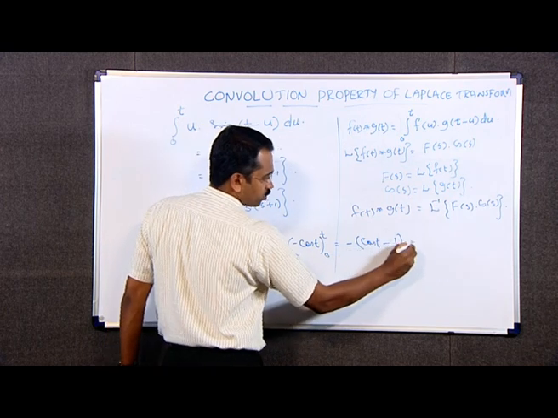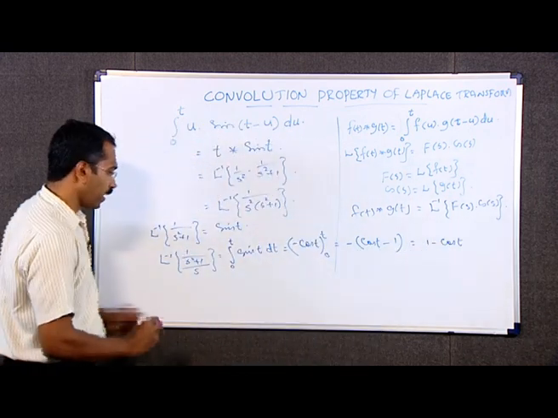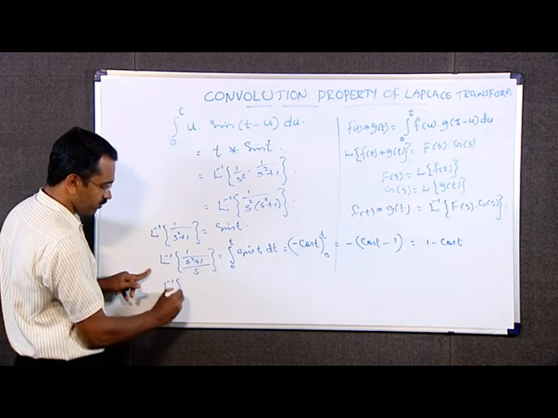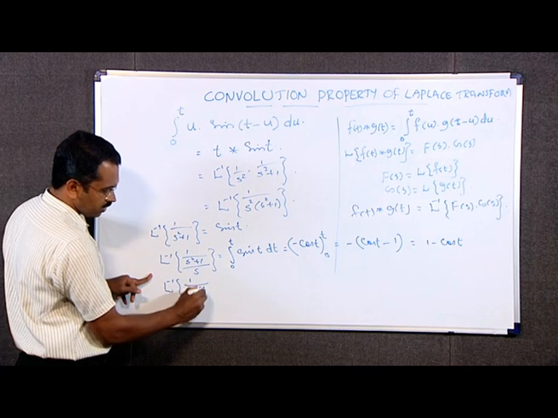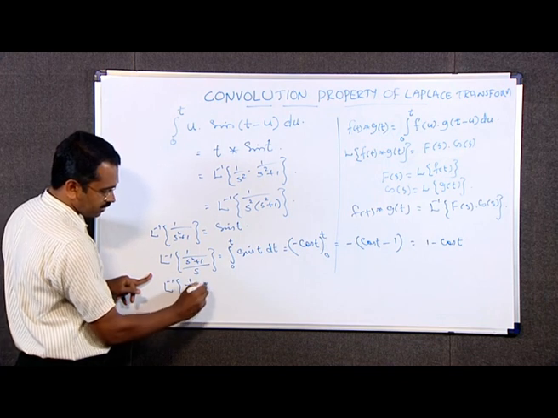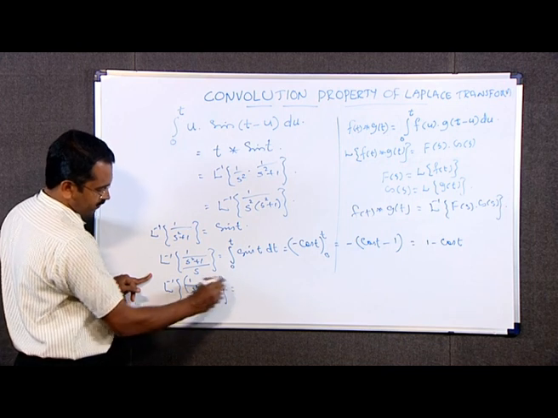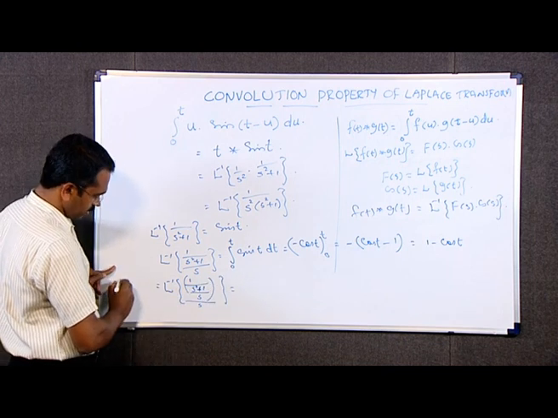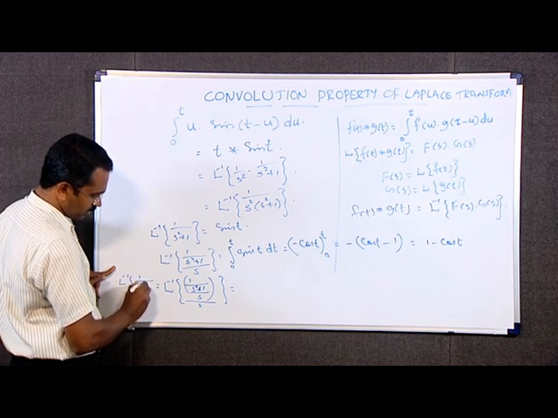Therefore, this is equal to 1 minus cos t, and L inverse of 1 by s square plus 1 divided by s, all divided by s, which is same as L inverse of 1 by s square into s square plus 1.